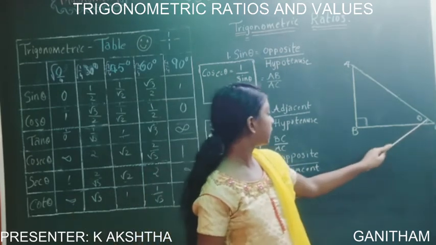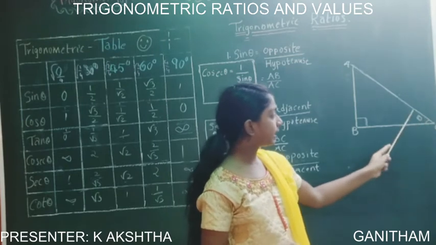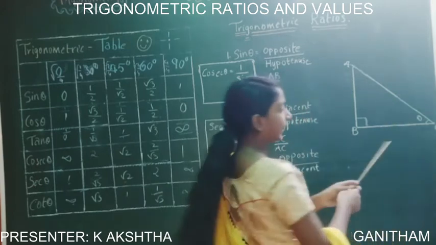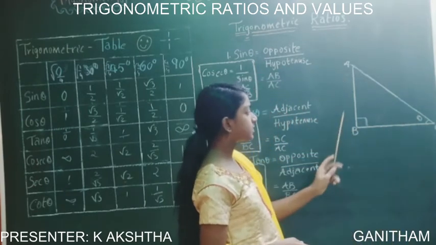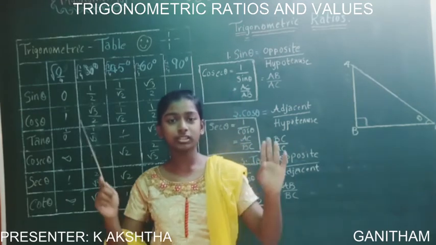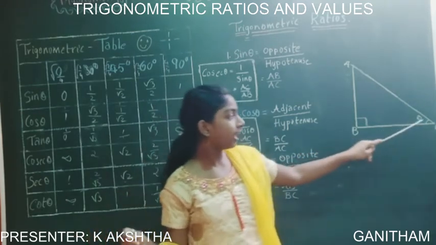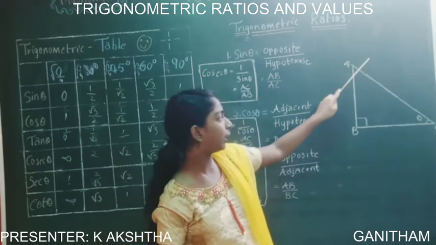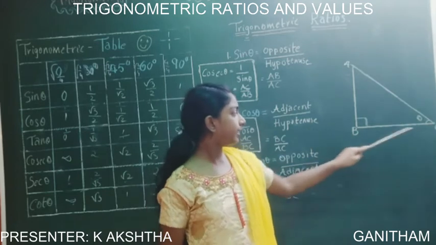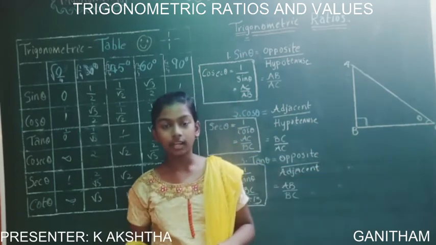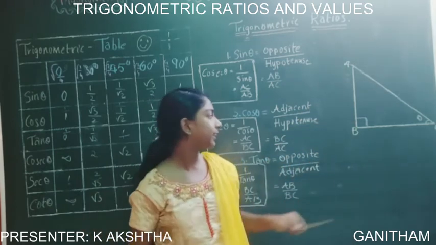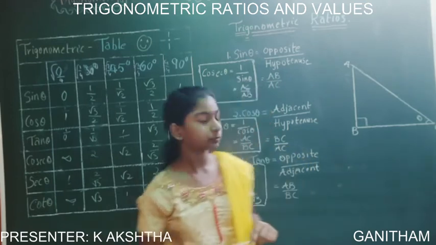If we take an angle theta in the right angle triangle, we have 3 sides: the hypotenuse, the side opposite to theta, and the side adjacent to theta.